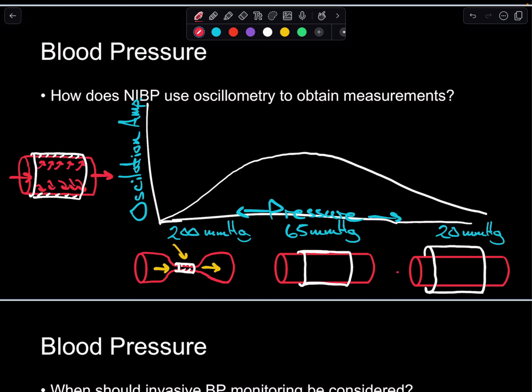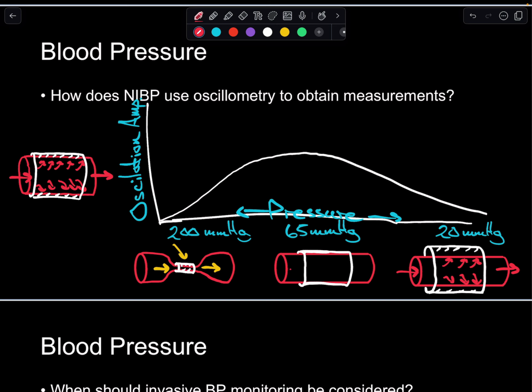On the other end of the spectrum, when the blood pressure cuff begins to deflate, you still have blood that's passing through the artery, and you have these sensors on the walls of the blood pressure cuff, but they're not in as close of contact with the blood that's flowing through the artery. So they also sense these oscillations caused by the pulse, but to a lesser degree.